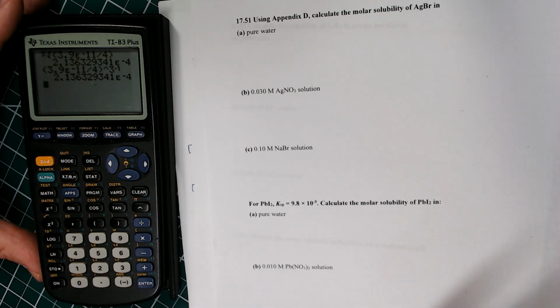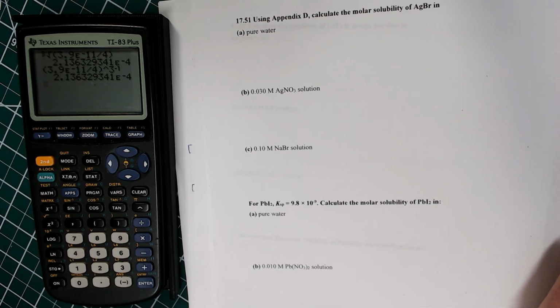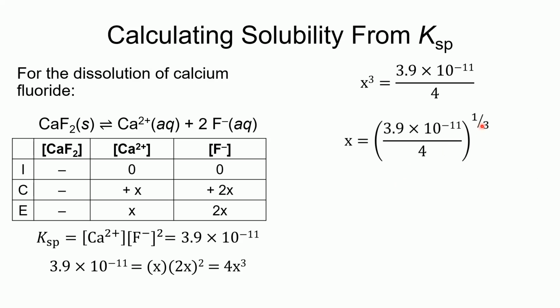Raising it to the 1/3 power is the same as taking the cube root. The nice part about this is that you don't have to dig into the menus of your calculator to find it. And there we go, 2.1 times 10 to the negative 4 is that value.